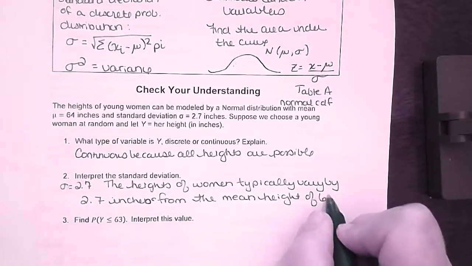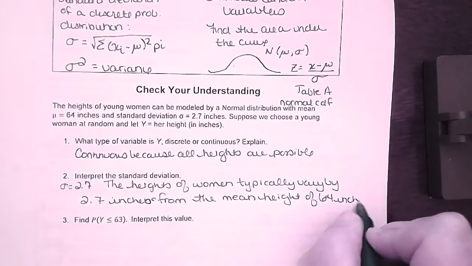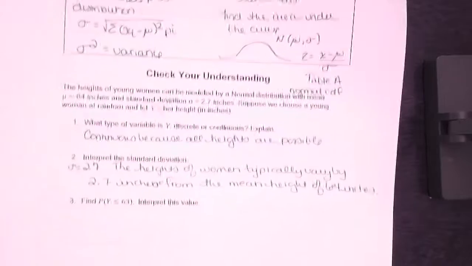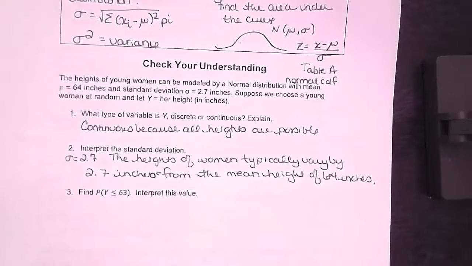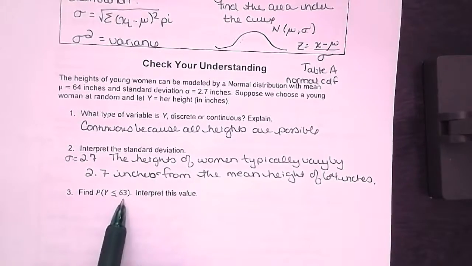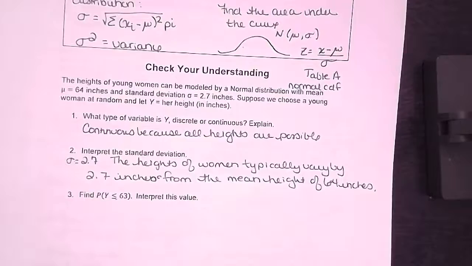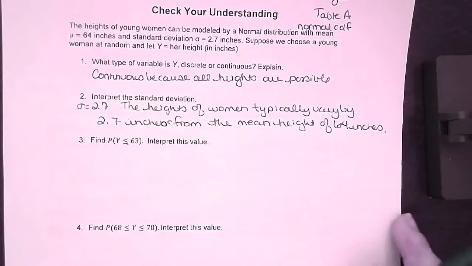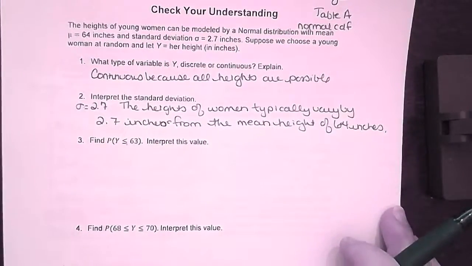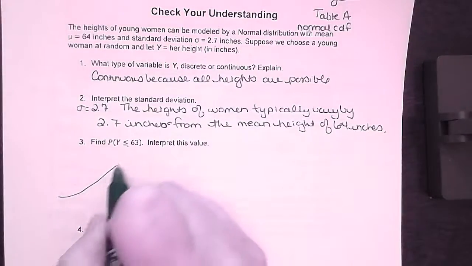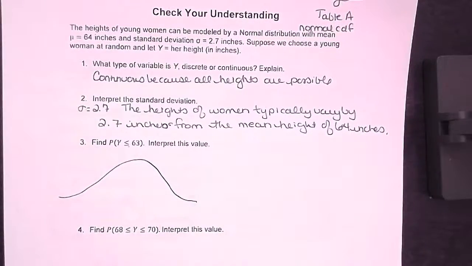Of 64 inches. Okay, so the next thing we have to do is find the probability that the height is less than or equal to 63 inches, and we need to interpret this value. So what we would do on a normal curve, again, remember you always have to draw your normal curve, okay?